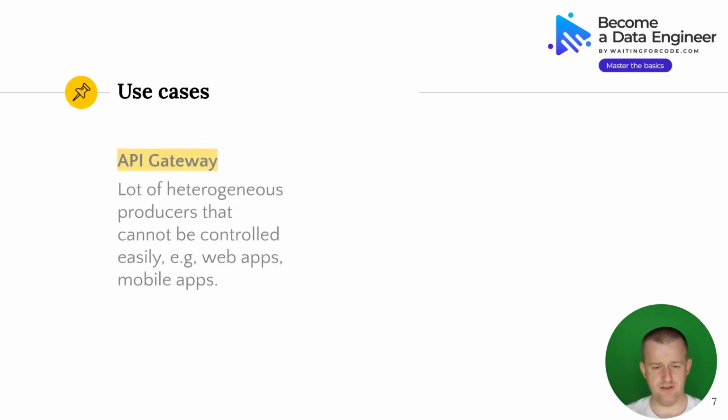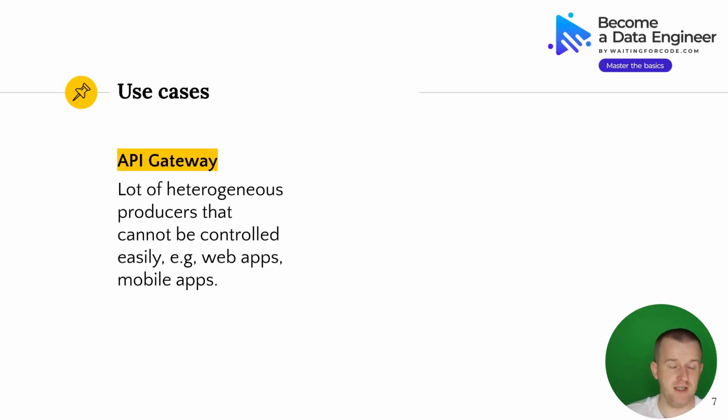So what are the use cases? API gateways perform best where there are a lot of heterogeneous producers that you cannot control. For example, our mobile applications, you cannot tell each user of your system to upgrade their application at the same time, roughly the same day, to use all the new features and to not introduce any regressions, like for example missing data in your system, because you can imagine that a user decides not to upgrade their application today.